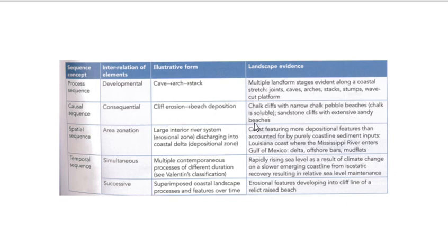Knock-on effect. Now, the third one is by far the most complex. This might make sense, and I'll come back to this when we do Odisha later on. But basically, we're talking about big areas here. So is there a river that's bringing in a huge amount of sediment that then affects that particular coastline?